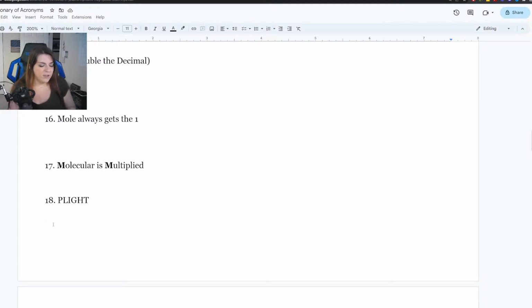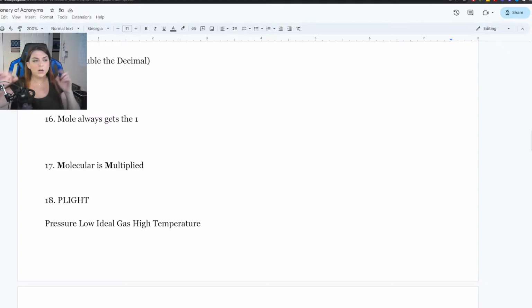PLITE is one of my favorites. It was on this test as well, but I don't remember where. You'll have an ideal gas if your gas is under low pressure and high temperature. What that means is that your gas particles are not squeezed close together and they're moving very quickly.